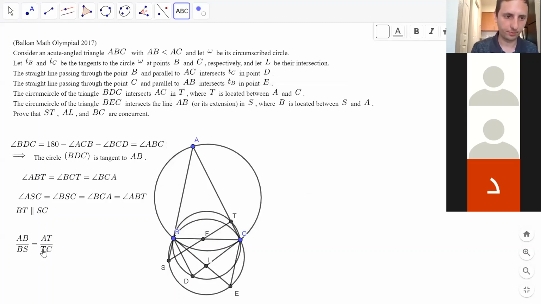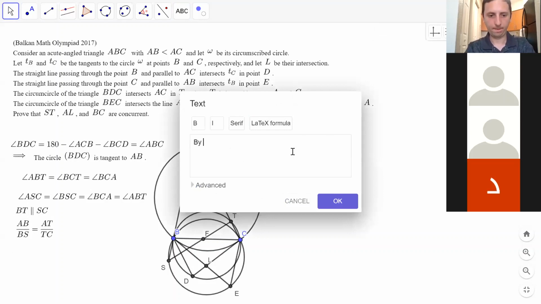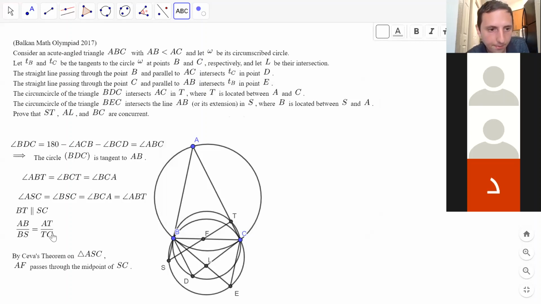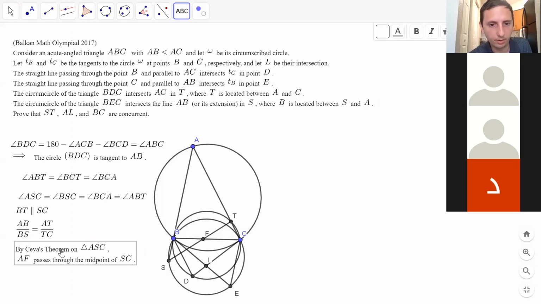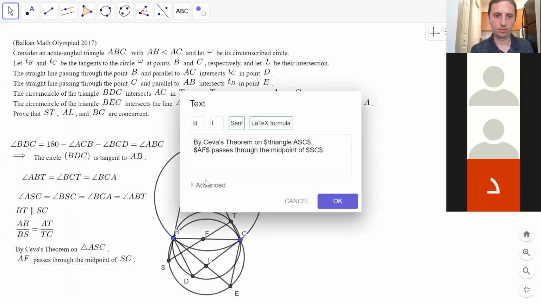By Ceva's theorem on triangle ASC, AF passes through the midpoints of BC and ST. I'll say it this way: the line AF is the median of triangle ASC.